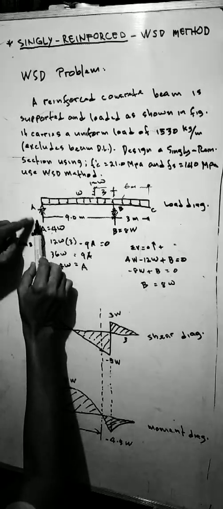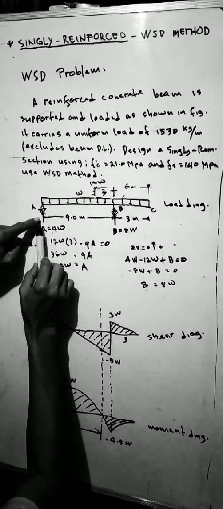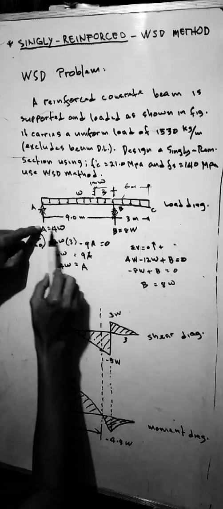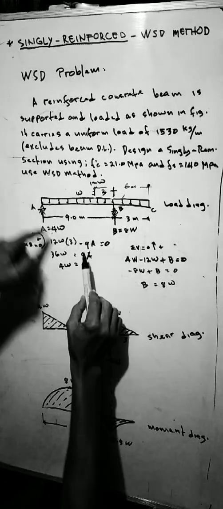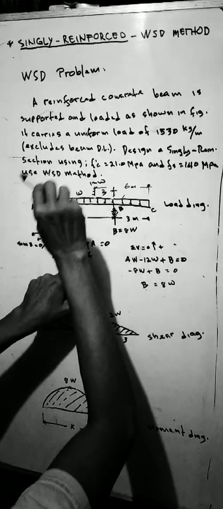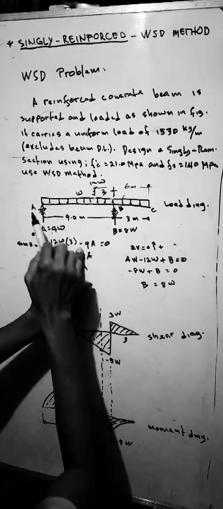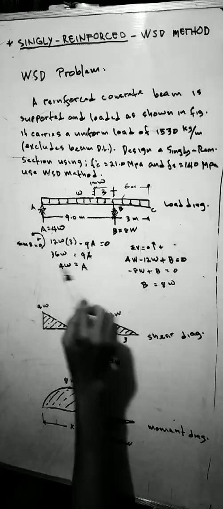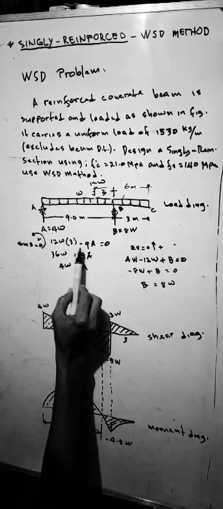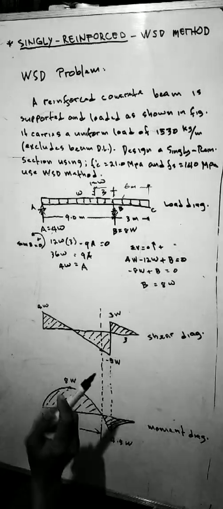And the reaction here at point B is in the clockwise direction, 9 times A. Clockwise direction is negative, so equals 0.